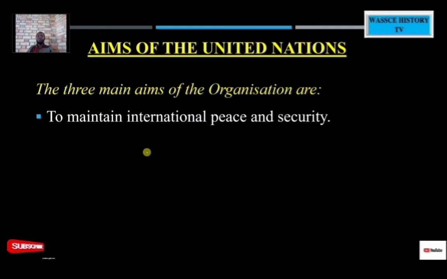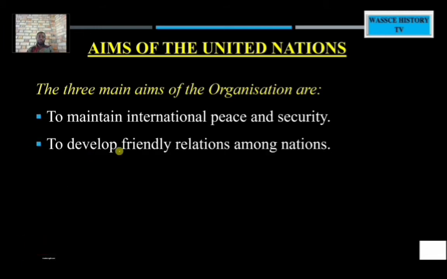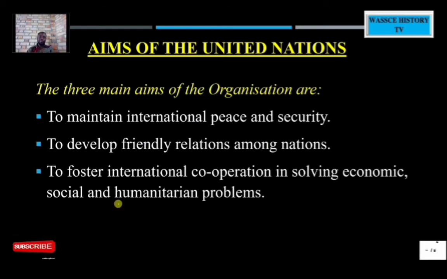And so whenever there are issues between two countries which have the possibility of bringing a Third World War, the UN steps in there. Good. To also develop friendly relations among nations so that all gears towards peace.